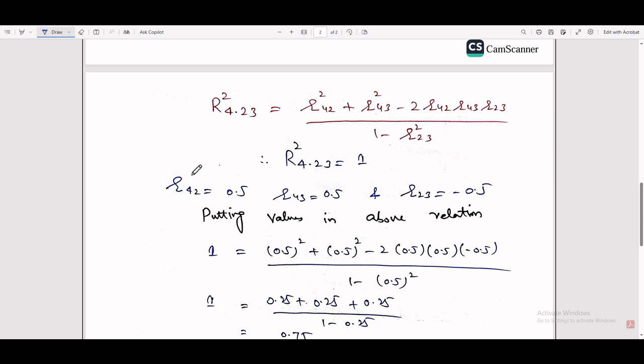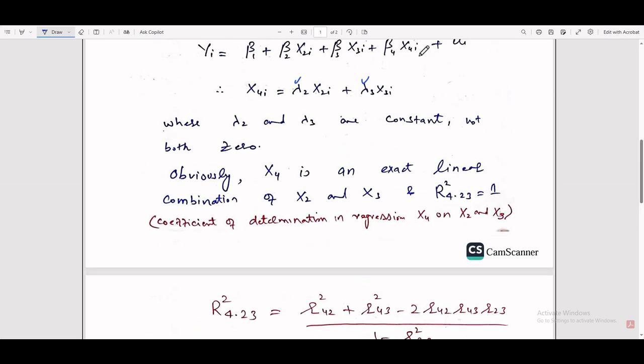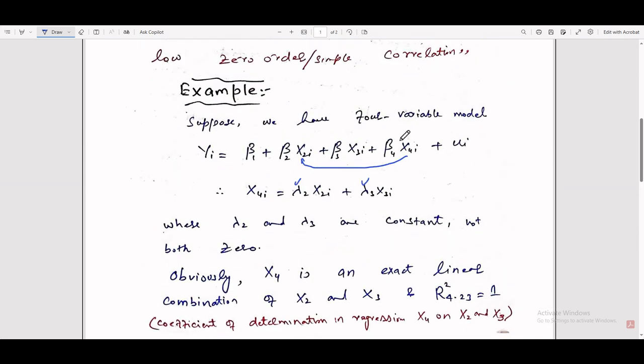If we compute the Pearson correlation coefficient, which is the simple correlation between x4 and x2, it is equal to 0.5. Similarly, x4 with x3, it is also 0.5.